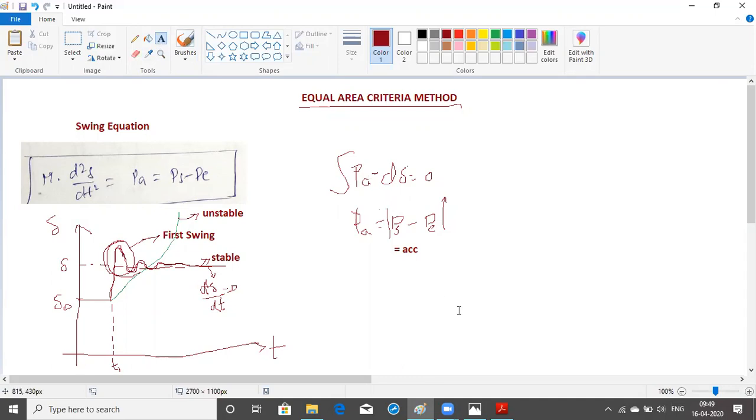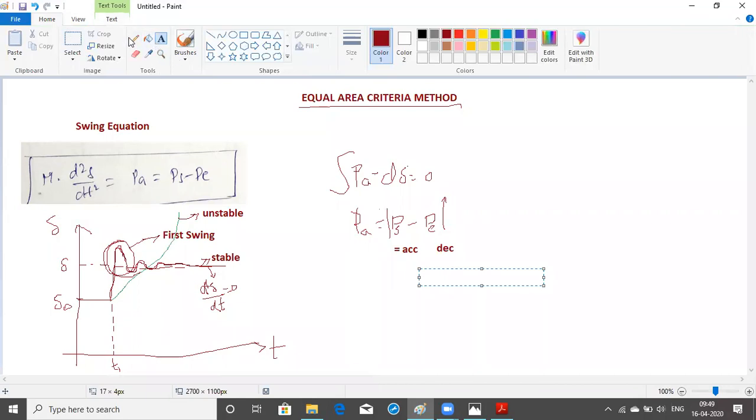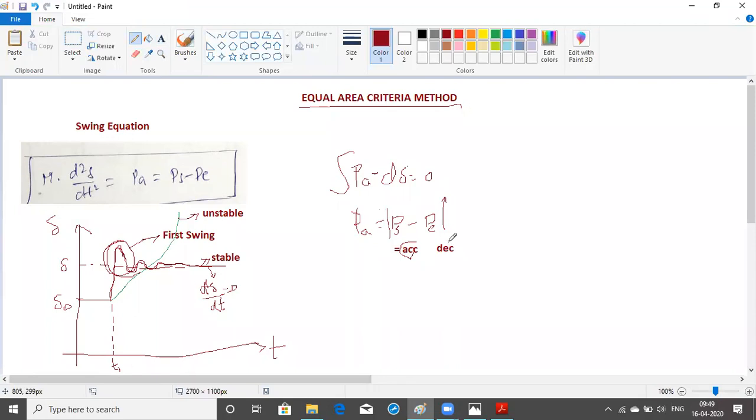It will get decelerated. So the area under the curve of accelerating and the area under the curve of decelerating should be the same. If this area is the same, then we call the system stable. If this area is not the same, then we call the system unstable.